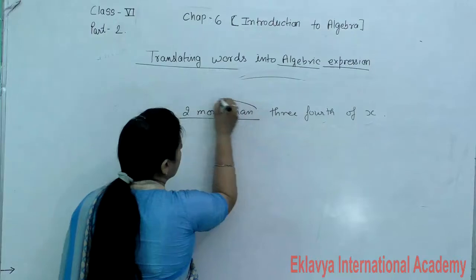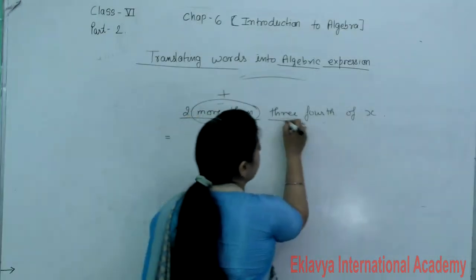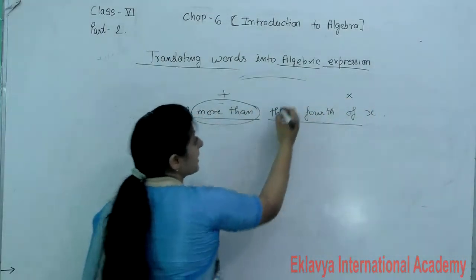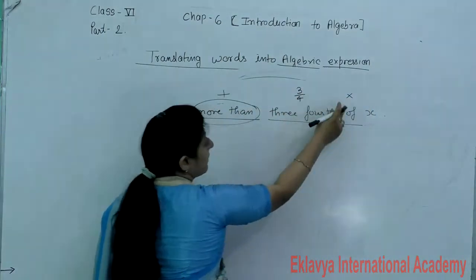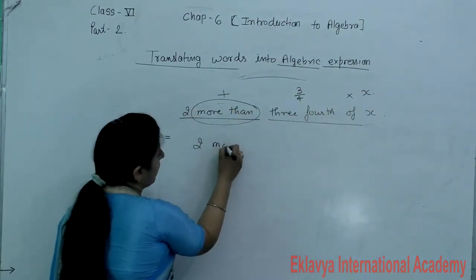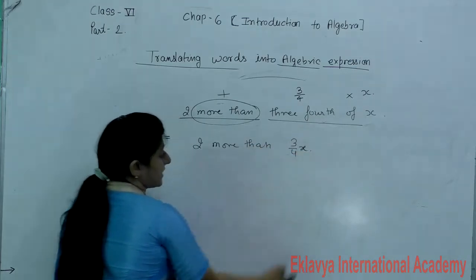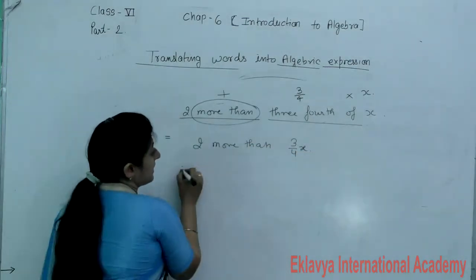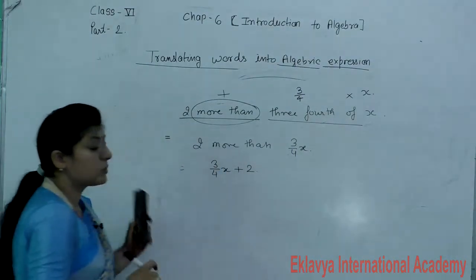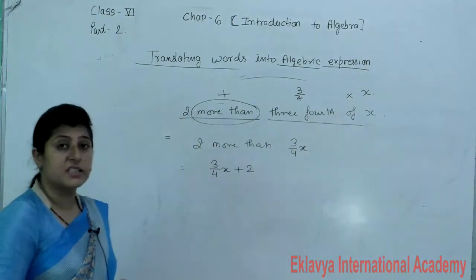For more than we put plus. 3/4 of means multiply, so 3/4 multiplied by x. So it becomes 2 more than 3/4x. More than means plus 2, and our answer is 3/4x plus 2.